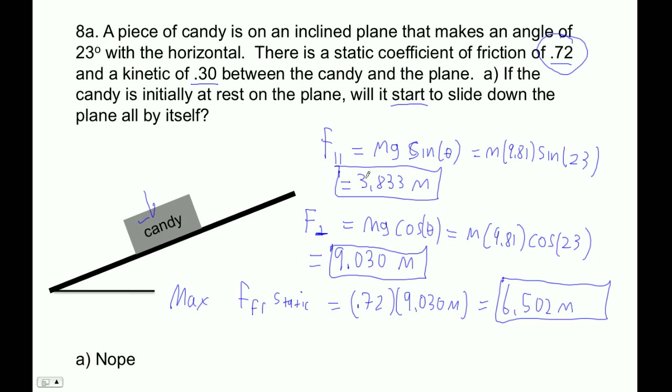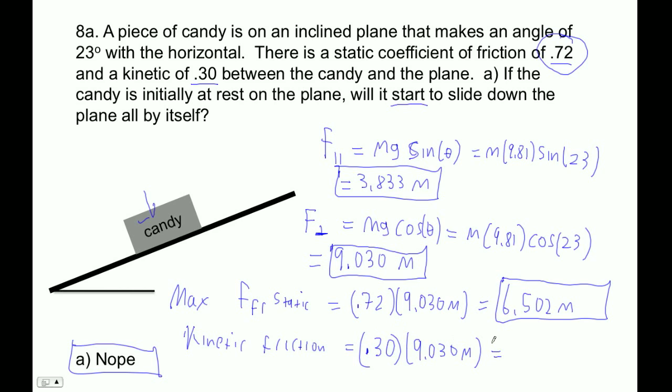And I already know, by the way, the parallel force is not as big as the static friction, right? So therefore, it will not start to slide down the plane, right? Nope. But I'm going to keep going. Let's find the kinetic friction too. Just for fun, it is 0.30 times 9.030 m. So 0.3 times, and I get 2.709 m.